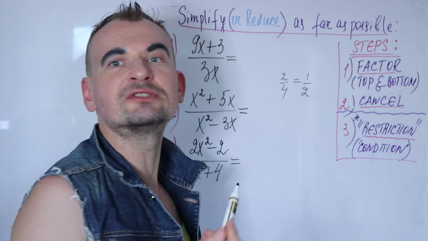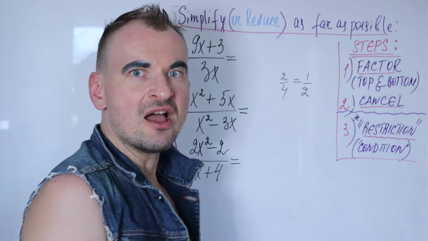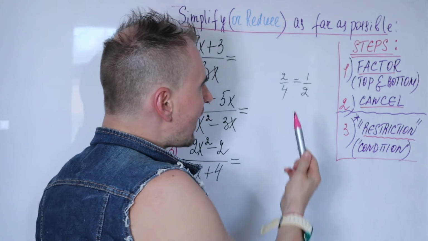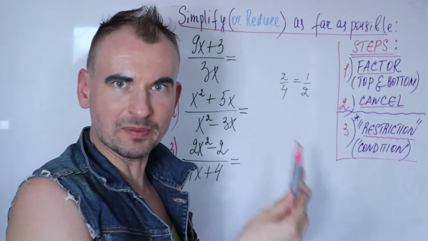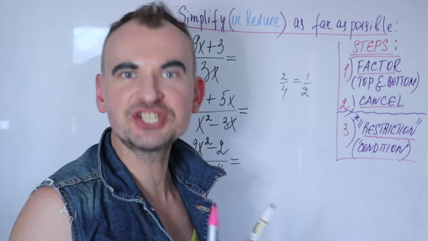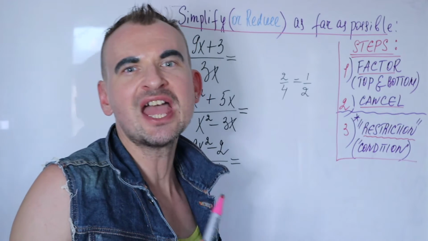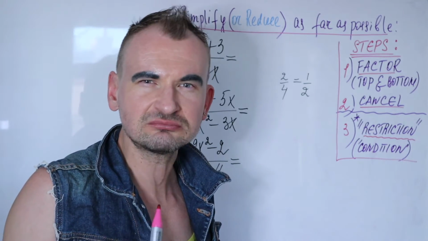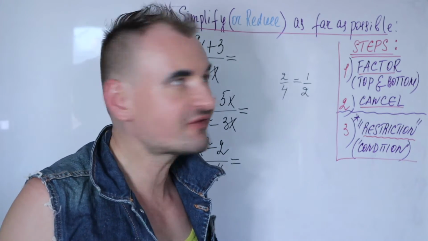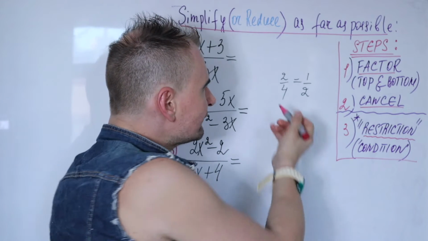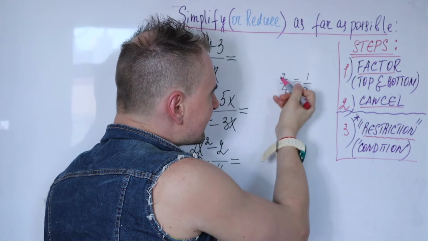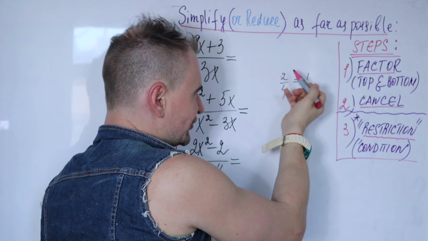So actually what we did, we cancel. We find out that 2 and 4, both of these two numbers, top and bottom, are divisible by 2, which is the greatest common factor or highest common factor, GCF, if you like. And we reduce our fraction by this 2, which is the GCF.